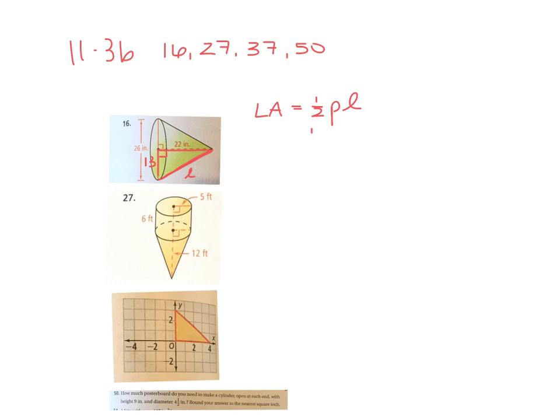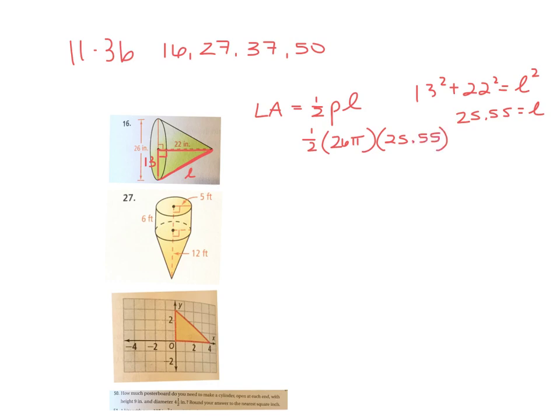So we're going to do 1/2. The perimeter of the base is the perimeter of the circle, so that's pi d, or 26 pi. And then for the slant height, you're going to do 13 squared plus 22 squared equals the slant height squared, and that would be 25.55 for your slant height.